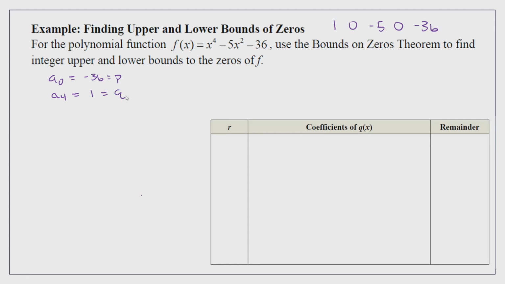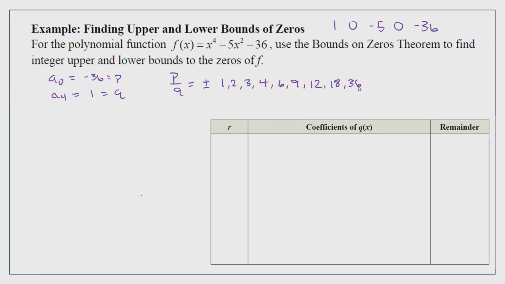So I'm going to take all the factors of 36 and divide it by all the factors of 1, which is 1. So in other words, all my potential zeros are all of the factors of 36. Now the factors of 36 are going to be 1, 2, 3, 4, 6, 9, 12, 18, and 36.